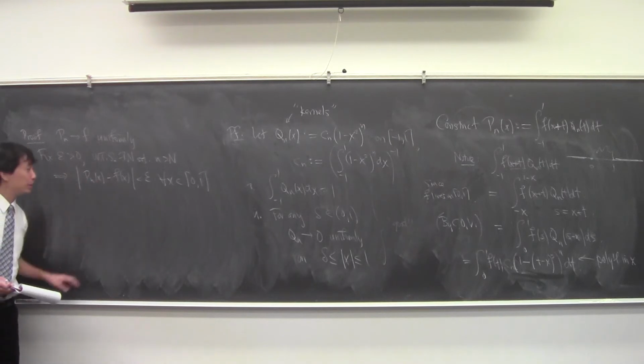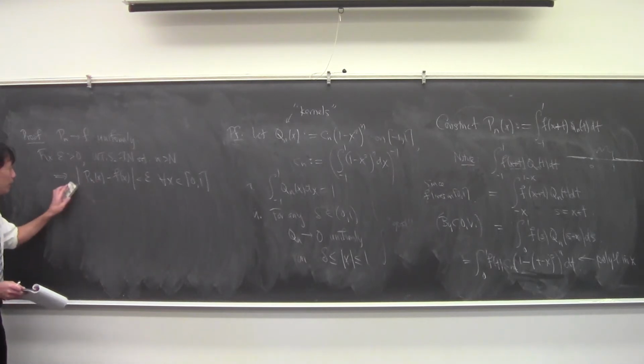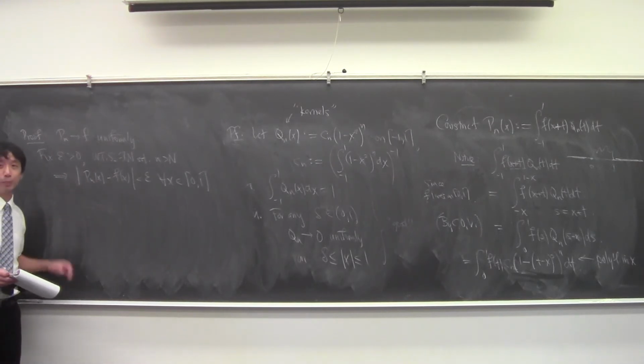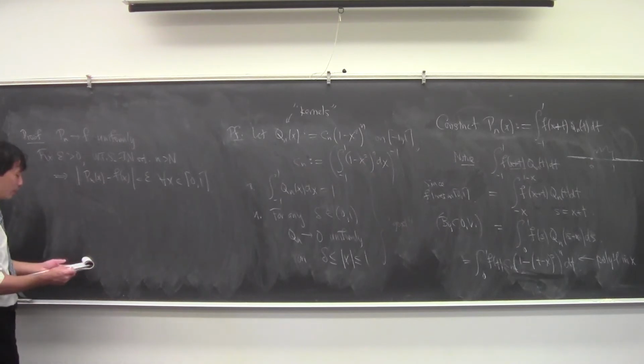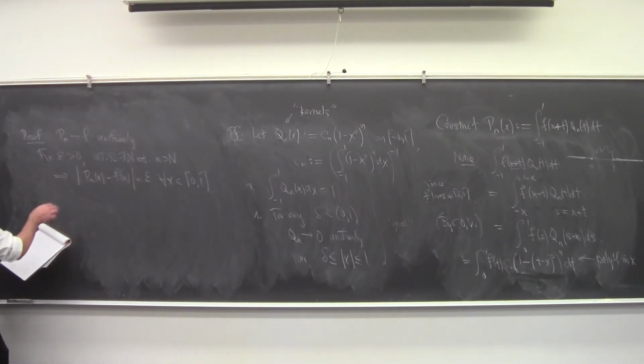Okay, and we'll use basically the standard argument when you're doing an approximation using the method of approximation of the identity. Let's think about this.